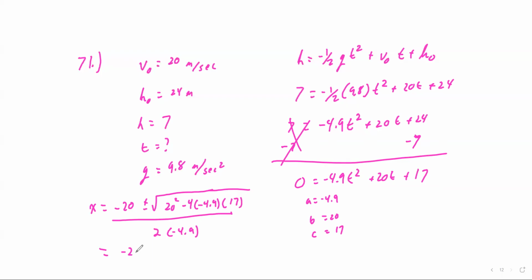All right, so I'll work this out. We'll do a lot of this real quick. So that's 400. And then this is going to be positive as well. So it's going to be 17 times 4.9 times 4 plus 400. And then we're going to take the square root of that.